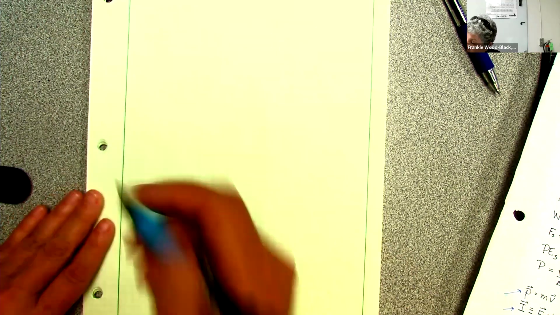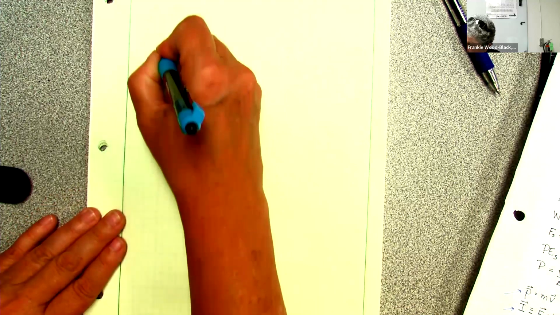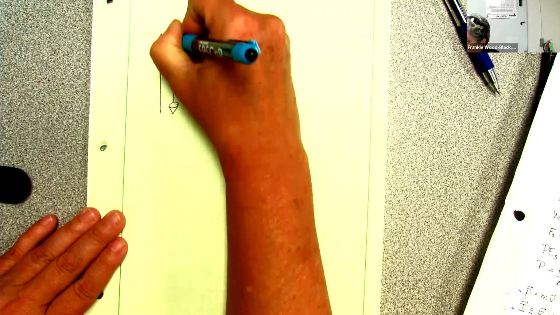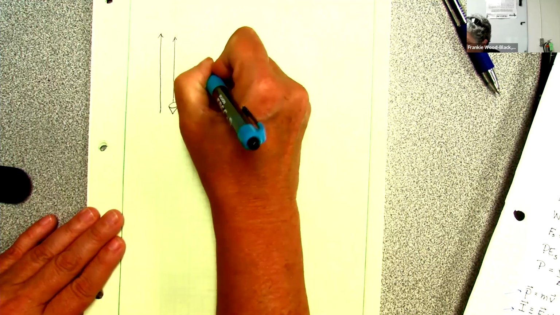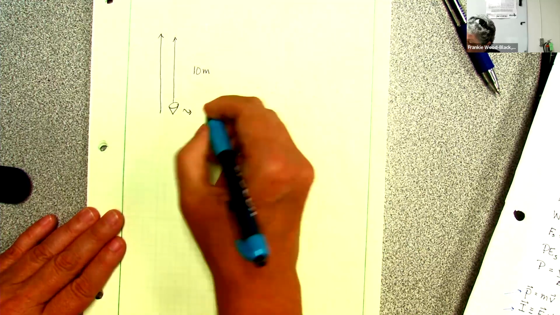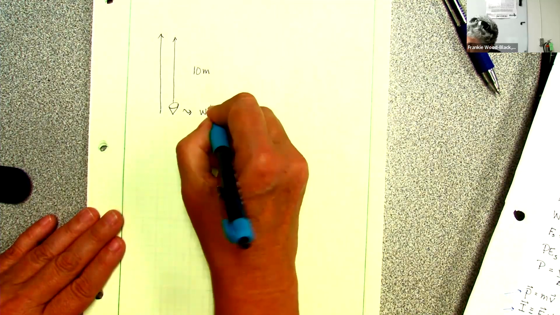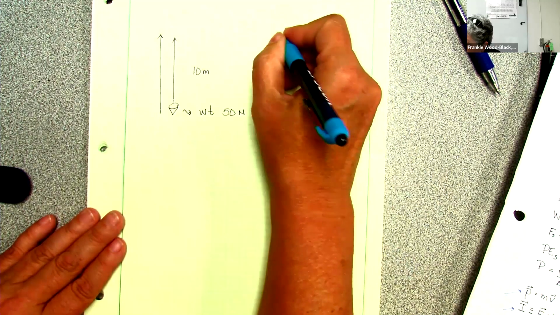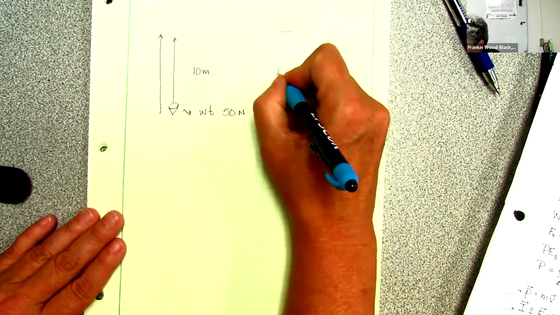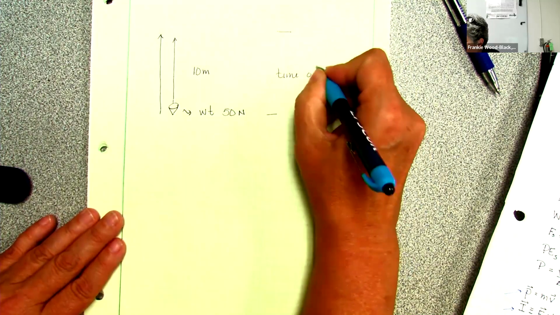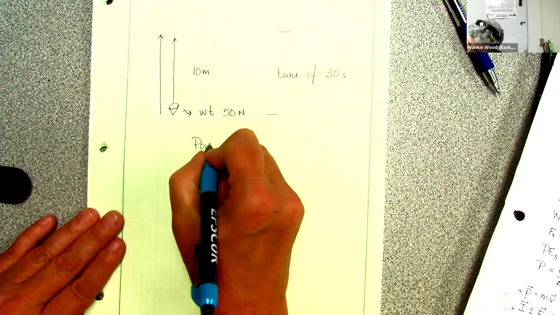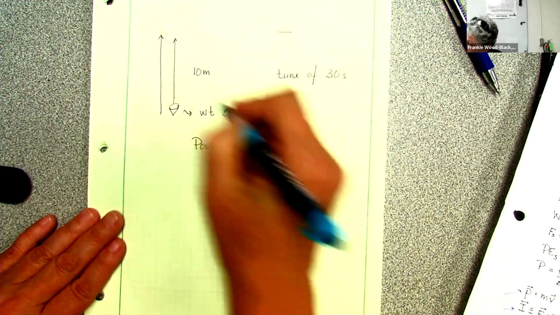So if we do work, we're going to raise a bucket 10 meters. Our bucket has a weight of 50 newtons, and we're going to do this in a time of 30 seconds. We can calculate the power, and the power is just going to be the work.